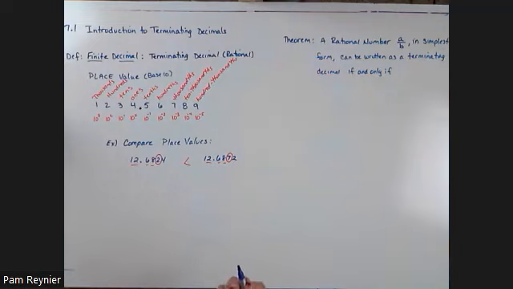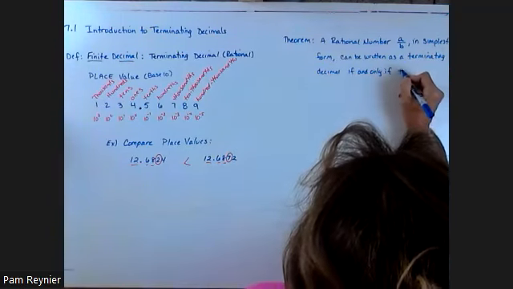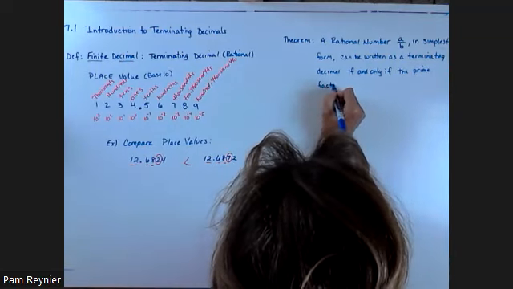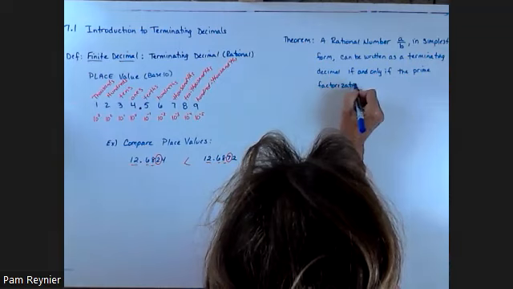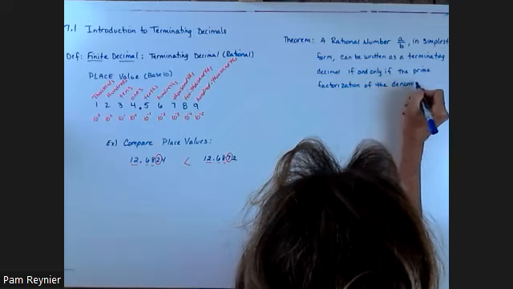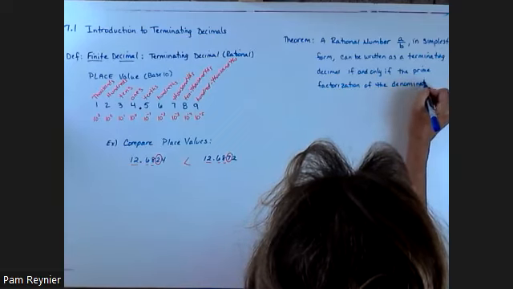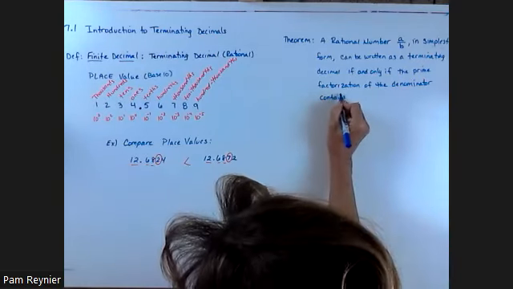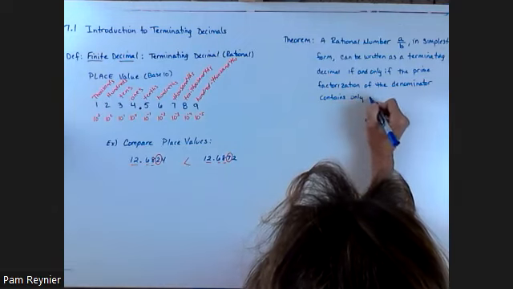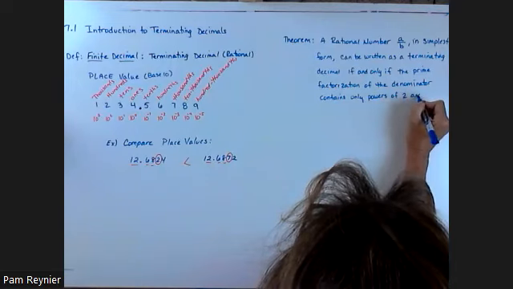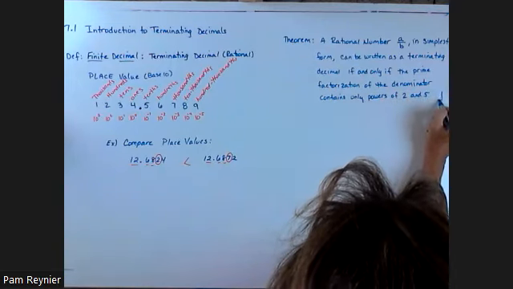The prime factorization of the denominator contains only powers of 2 and 5. I'm going to put that in a box.